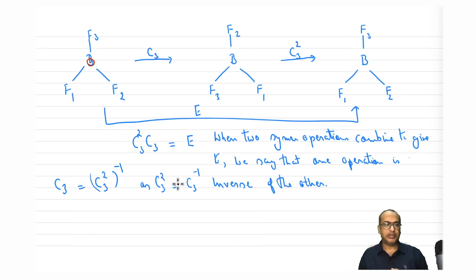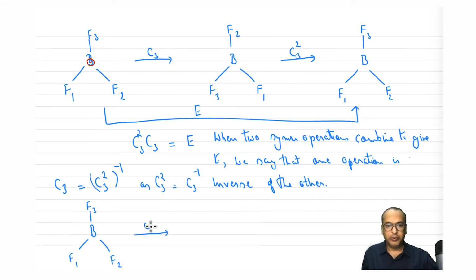So okay, let's see that again. BF 1, 2, 3. So if I'm doing C3, then what do I get? F2, F3, F1.